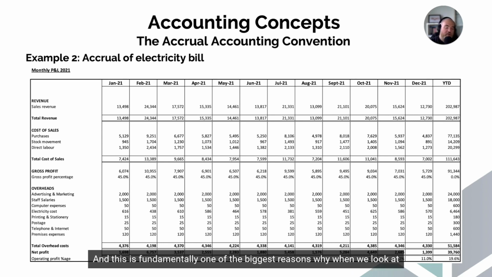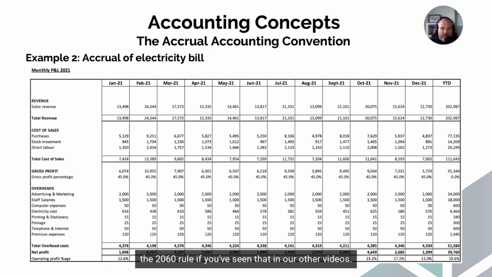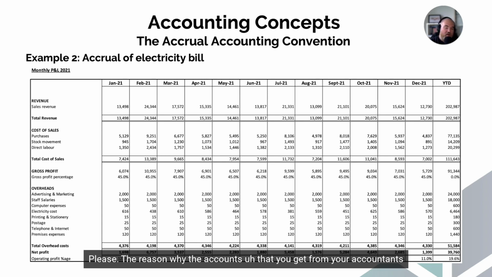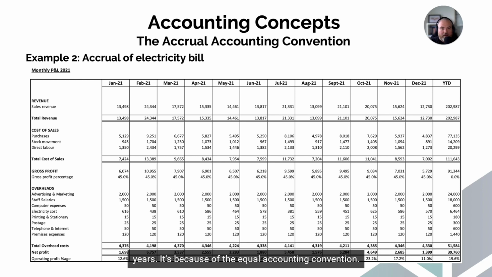And this is fundamentally one of the biggest reasons why, when we look at the 2060 rule, if you've seen that in our other videos, the accounts that you get from your accountant 9 months after the year ends don't match what you thought you did in that same period. This is one of the main reasons why, because your accountant will move things around, put them into previous years or subsequent years because of the Accrual Accounting Convention.